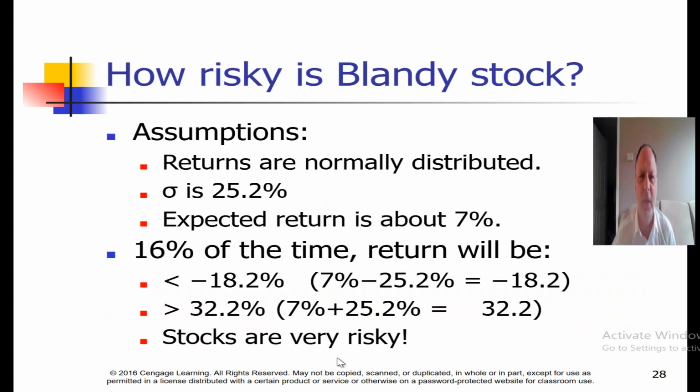So how risky is Blandy stock? If the returns are normally distributed, the standard deviation is 25.2, and the expected return is 7, then 16% of the time the return will be below 7 minus 25.2, or below an 18% loss, whereas 16% of the time the rate of return will be above the expected rate of return of 7 plus 25.2, or 32.2%.